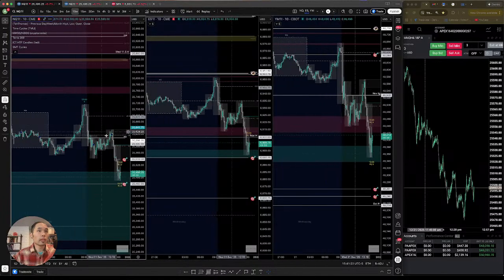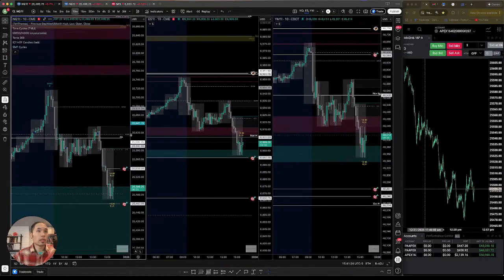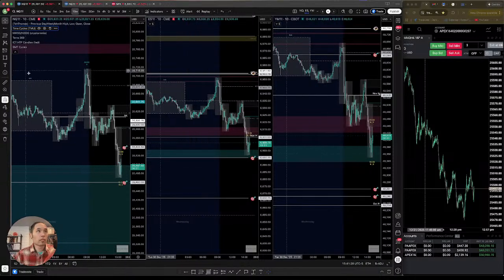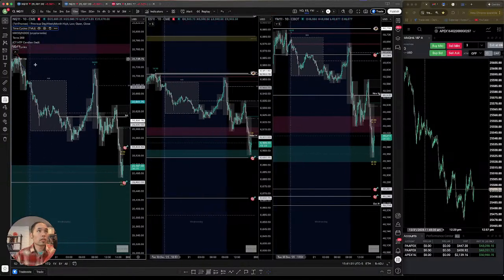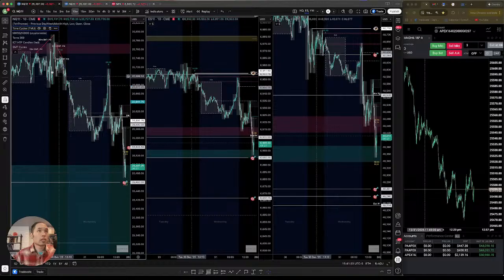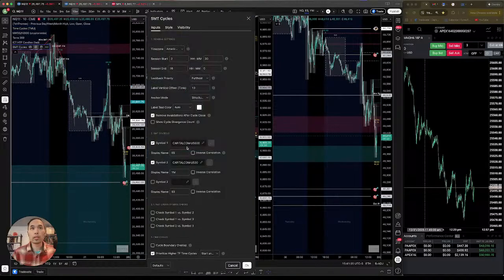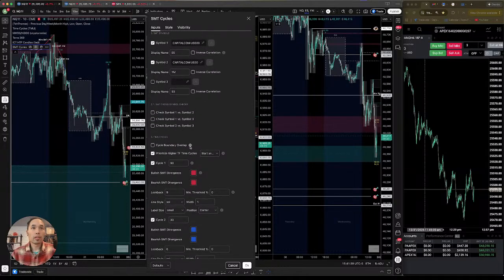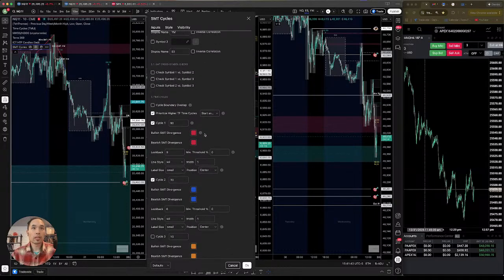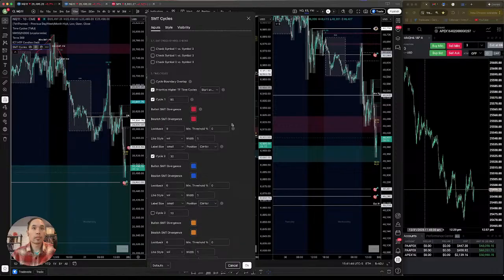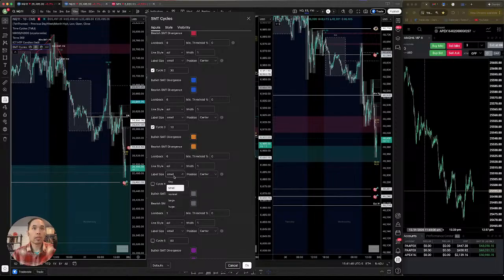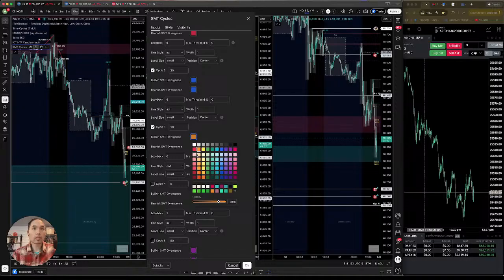Let me wait till my indicator loads here. All right, let's see. And let's see what SMT cycles we have. So we got 90 minutes, 30 minute, I'm going to go 10 minute. Let's go dotted. Let's go yellow.